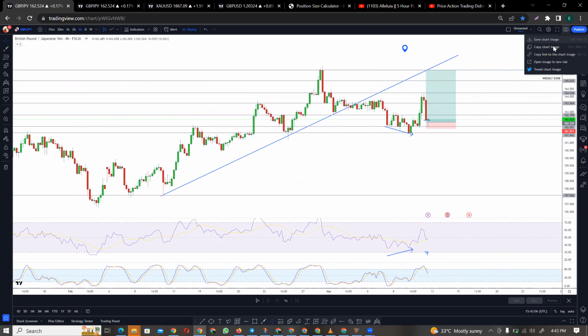You know how to draw these things, right? You copy the chat image, then you send it.